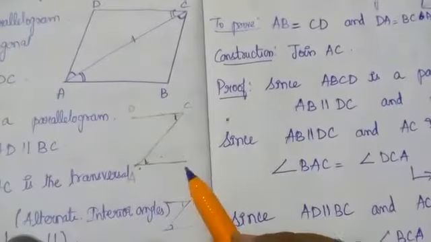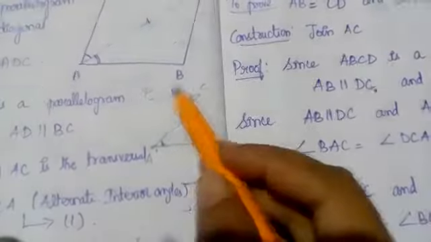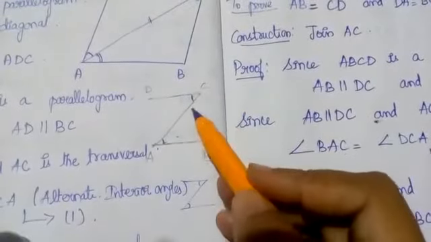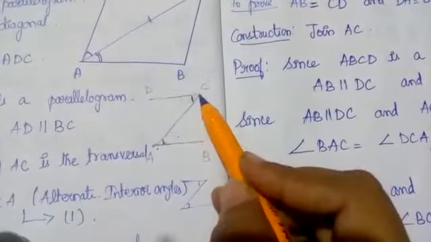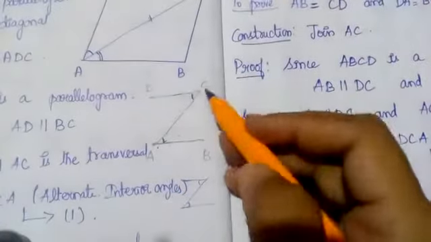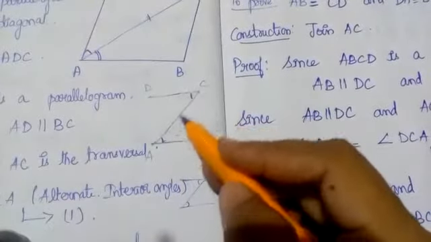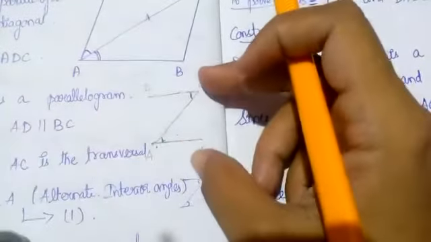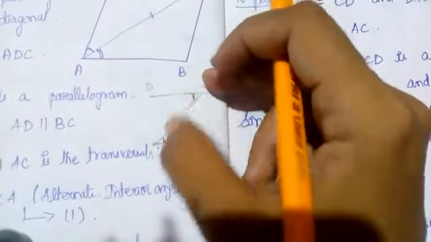Since AB is parallel to DC and AC is the transversal. A transversal is a line which intersects two or more lines at distinct points. When a transversal meets these two parallel lines AB and CD, two angles are formed. Both angles lie between the parallel lines, so they are interior angles, lying on opposite sides of the transversal.